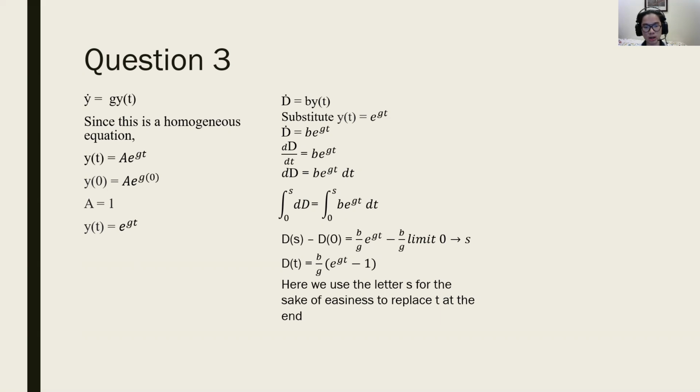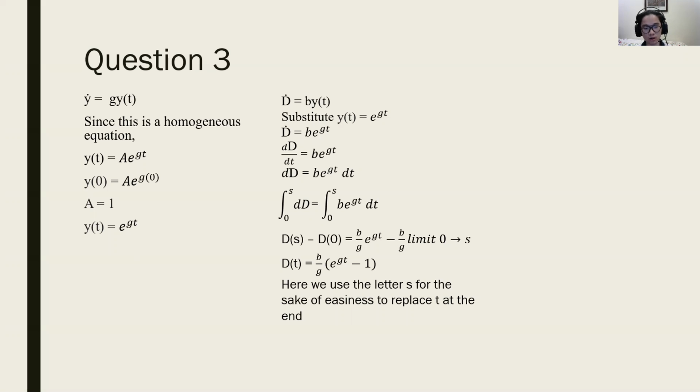Now, I put dt to the right so that we can get the function of D_t. To get the function of D_t from a derivative, we need to integrate, right? If you integrate one side, you need to integrate the other side. So integrate both sides, dD and b e to the power of gt, and I put here the limits 0 to s. s is just another variable that I use so it won't confuse us with t.